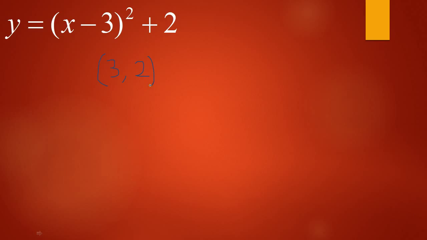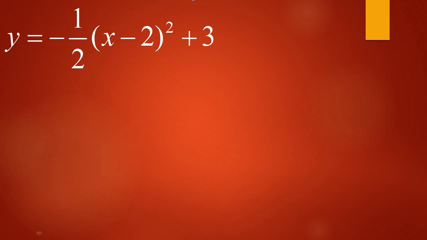So there's your vertex. Again, you pick some other numbers for your table. Since my vertex is at 3, I'd do 2, 1, 0. Plug each in for x and see what you get. Then you could graph it just like last week.